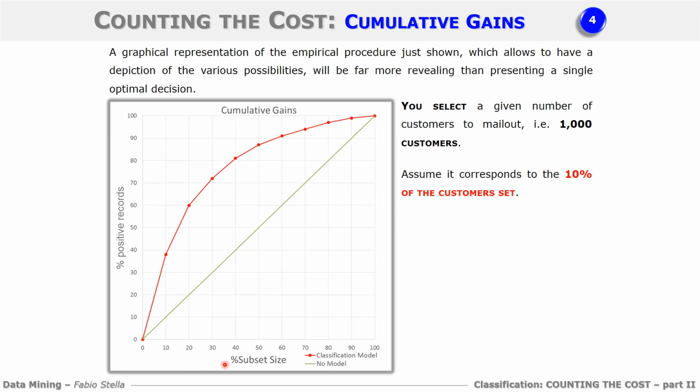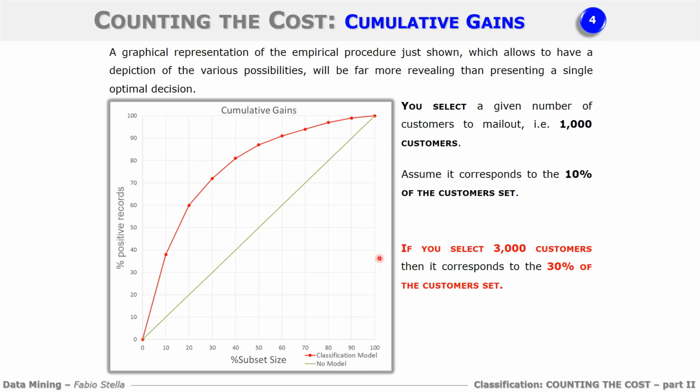Then you go to the cumulative gains diagram, in particular to the x-axis, and you select the 10% value. Then you intersect the red line, the line associated with the classification model, to compute the associated percentage of positive records, which is equal to 38%.